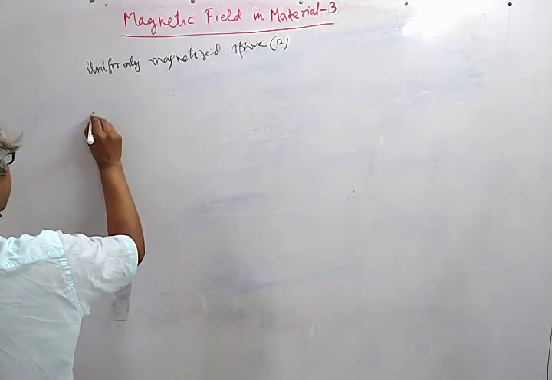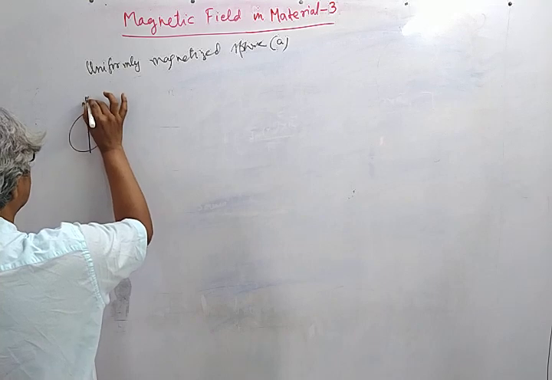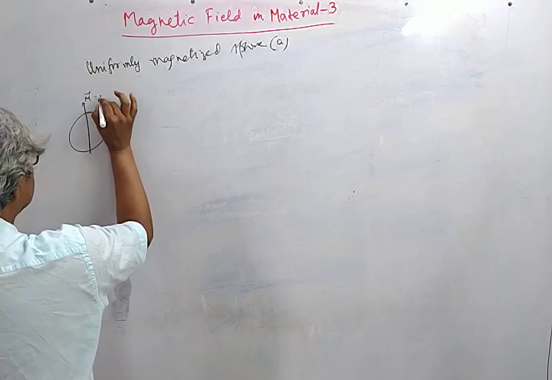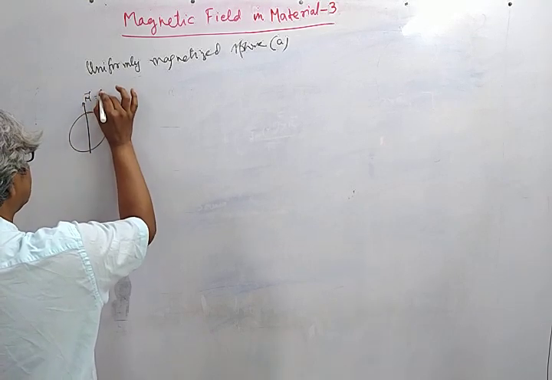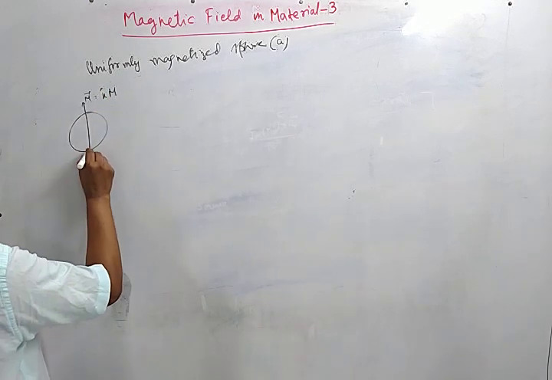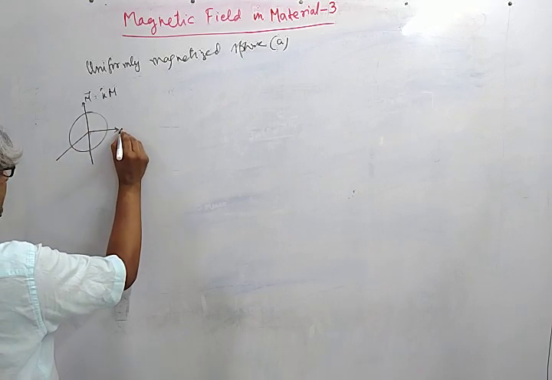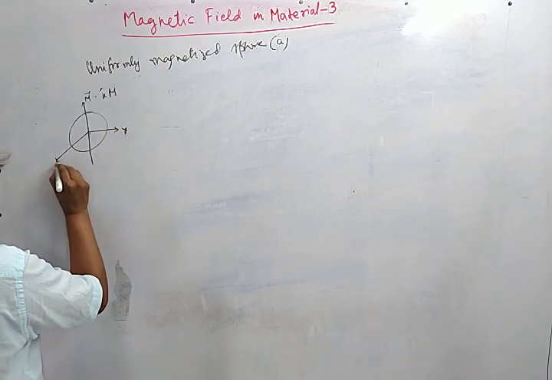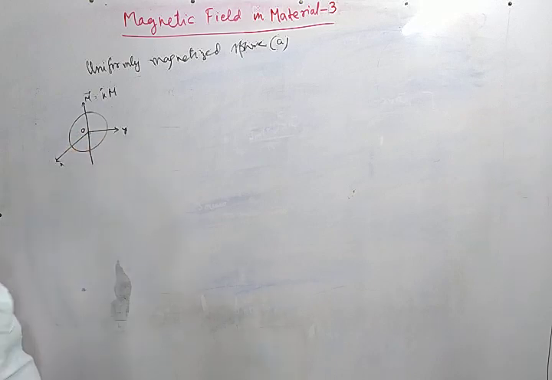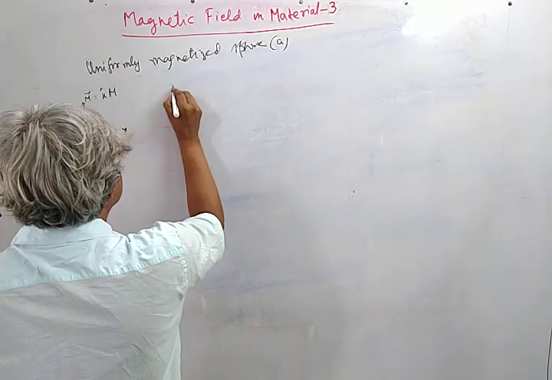This is the sphere. This is the direction of magnetization M. We consider it to be the z-axis, so magnetization is k cap M, and this is the coordinate system used. This is the origin.